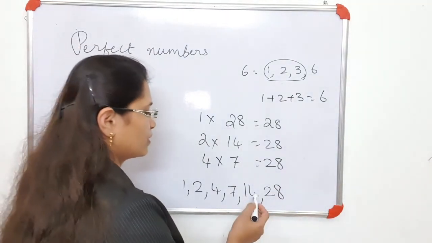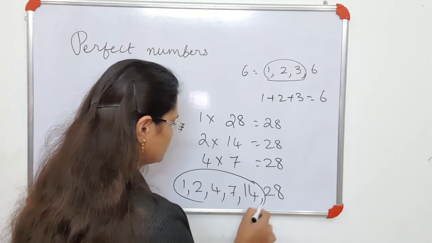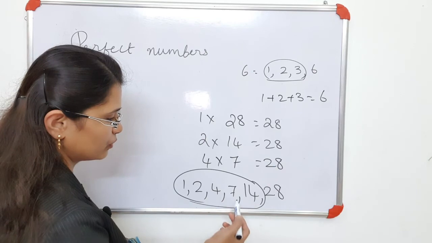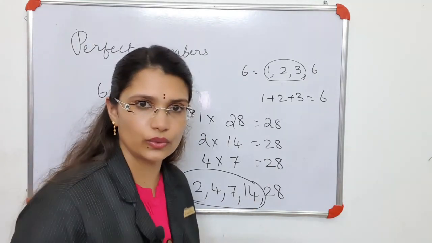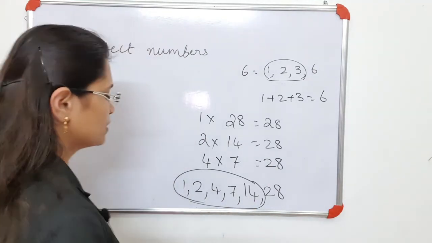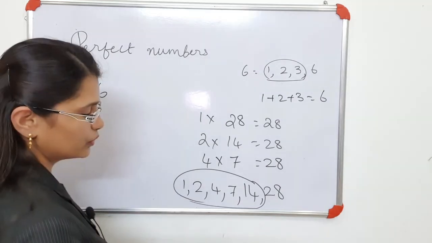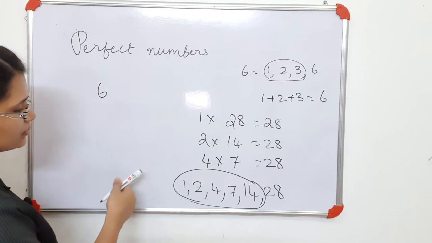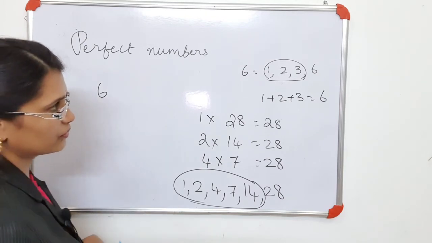Now, add these: 1 plus 2, 3, 3 plus 4, 7, 7 plus 7, 14, 14 plus 14 is equal to 28, right? So, if you add all the other factors except 28, you will get the same number, that is a perfect number.